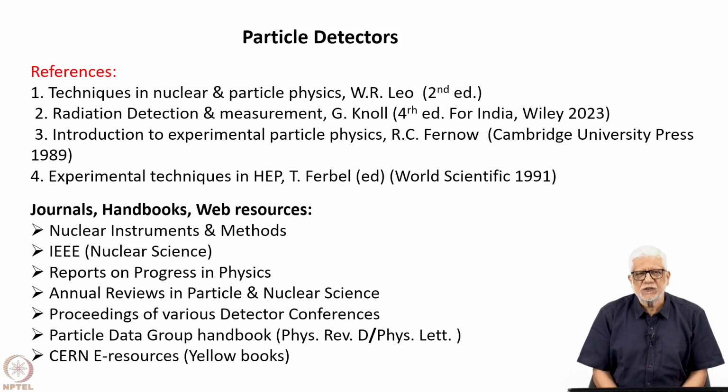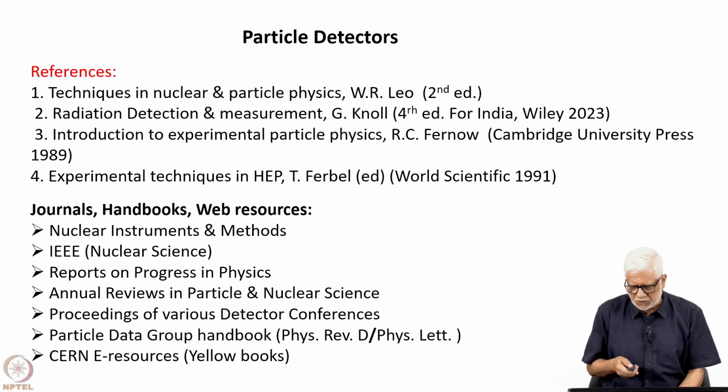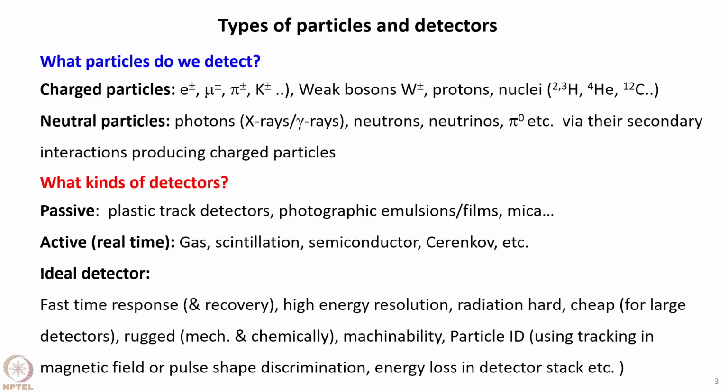The e-resources, basically data, that is there in the Particle Data Group Handbook, which comes out regularly in Physical Review D or Physics Letters. Now it also comes out in a Chinese journal. And then there are the CERN e-resources. There is also the NNDC, which I have forgotten to mention here, which is a resource at Brookhaven National Lab. They maintain that. And there are several others. These are just a sample of the resources that we have.